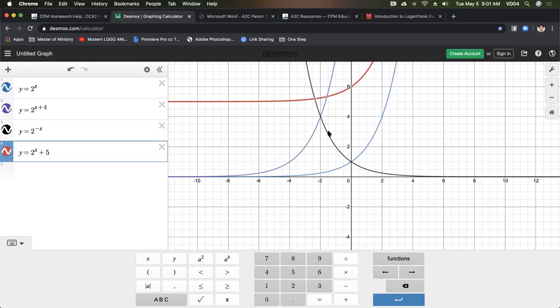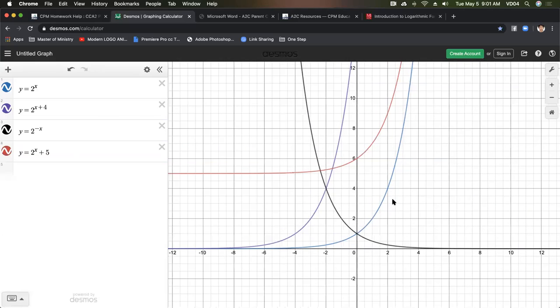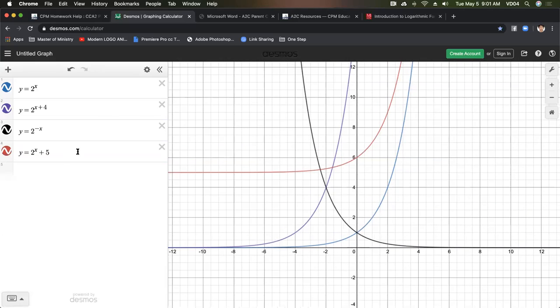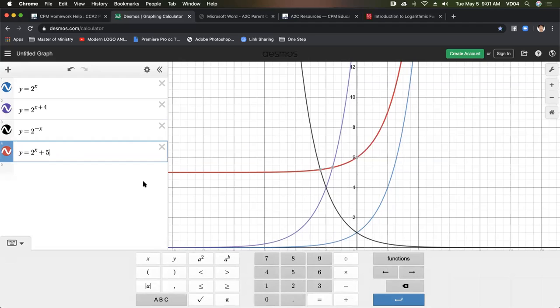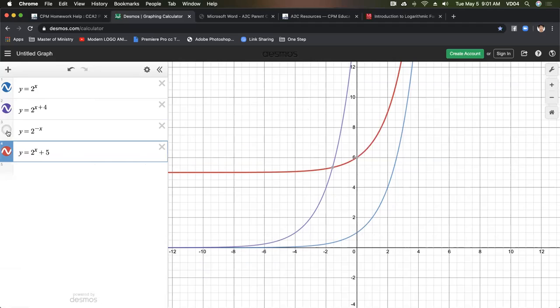We can see that the red one is the graph of this. So what we can observe here, let's take the first one, number 1 and number 2. I can hide the graphs of number 3 and number 4, just for us to compare number 1 and number 2.